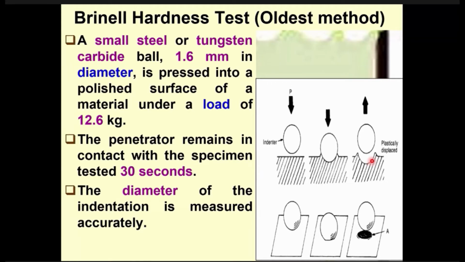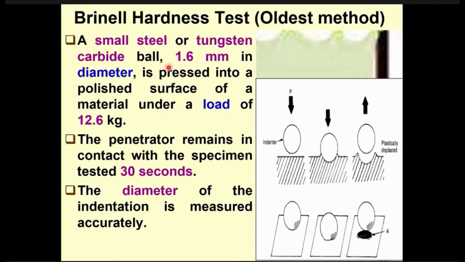Now we calculate the hardness of a material depending on the size or area of this indentation. If this indentation is big, this means material is soft. If this indentation is small, this means material is hard.